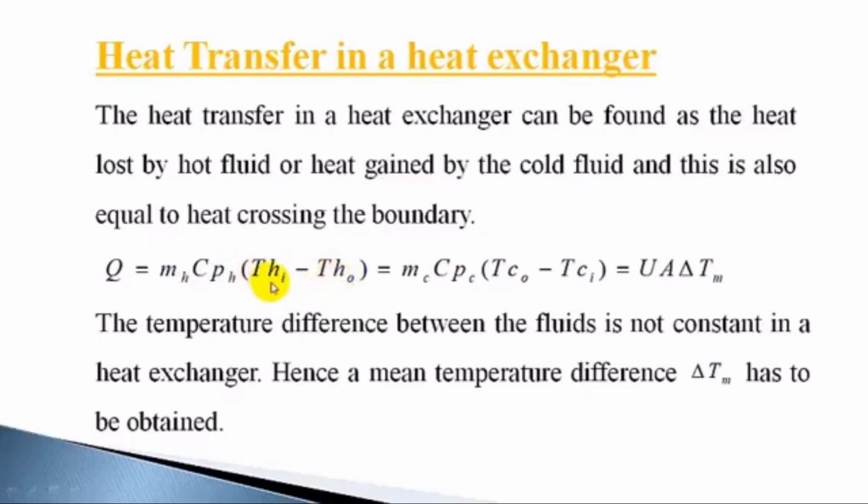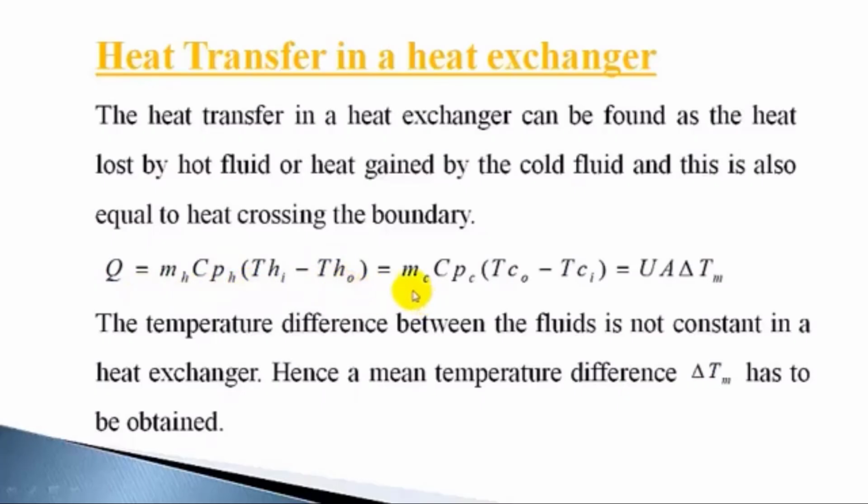What is the temperature at inlet, while entering, and what is the temperature while going out from the heat exchanger? So the temperature change, Thi minus Tho, will give the temperature change for the hot fluid. So mh Cph into Thi minus Tho will give the heat lost by the hot fluid.